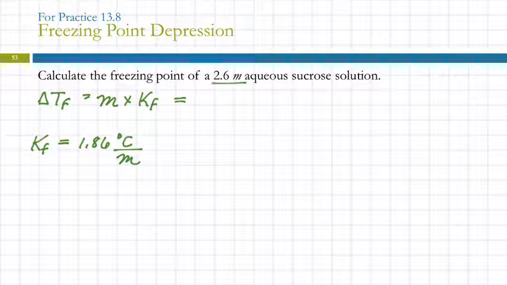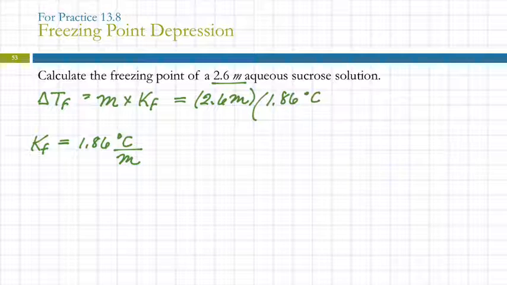And they gave me the molality. This is a nice change of pace from that last problem. Although sometimes it messes you up because you think, oh, it couldn't be that easy. And sometimes it is. 2.6 times 1.86, 4.836.